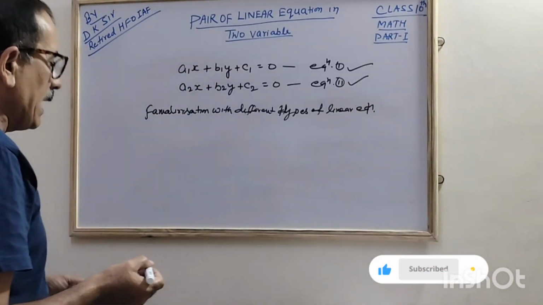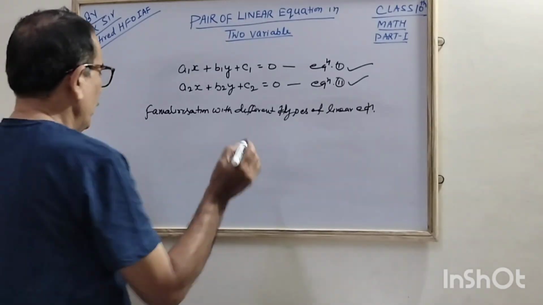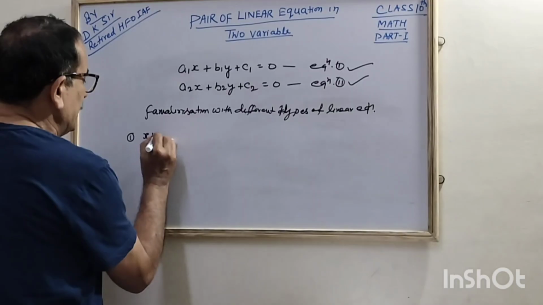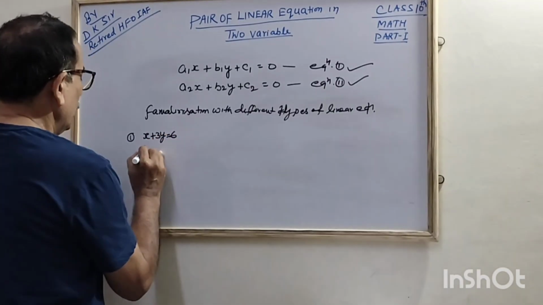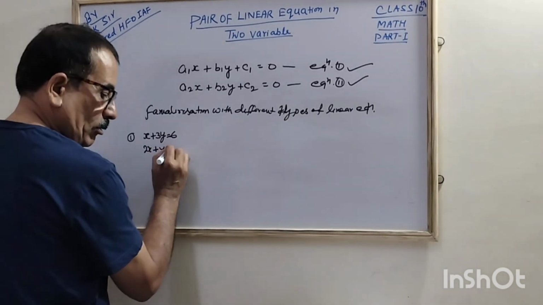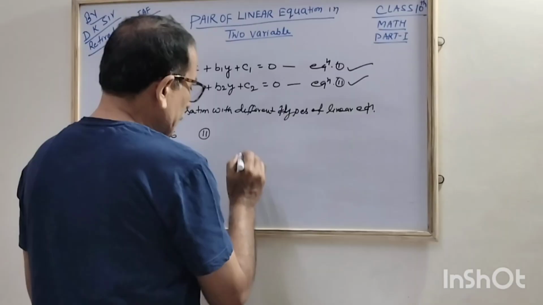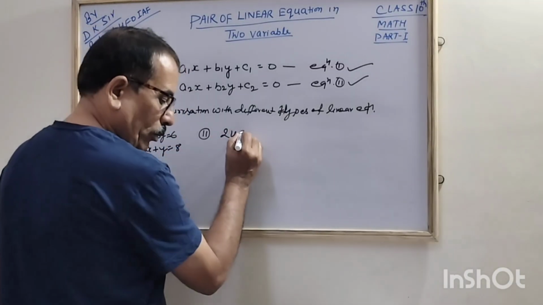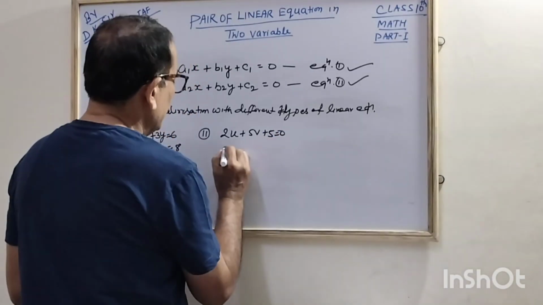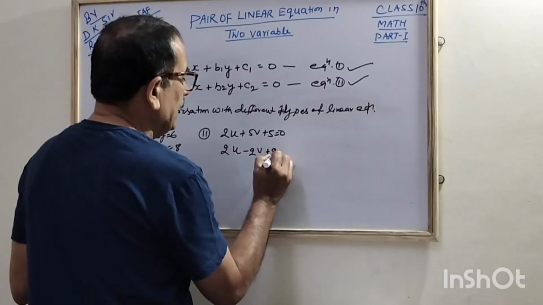For example, one type is 2x + y = 8. The second type you can find is 2u + 5v + 5 = 0. Another is 2u - 2v + 9 = 0.